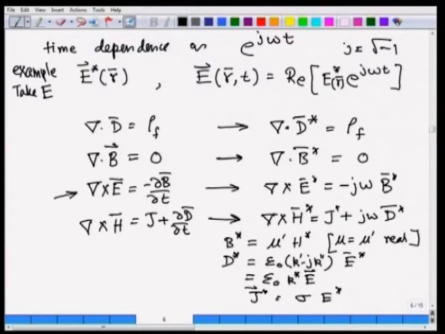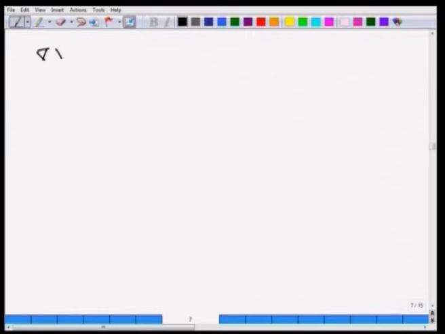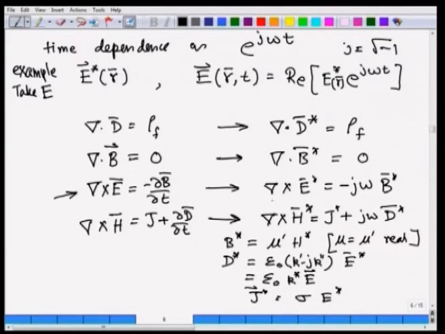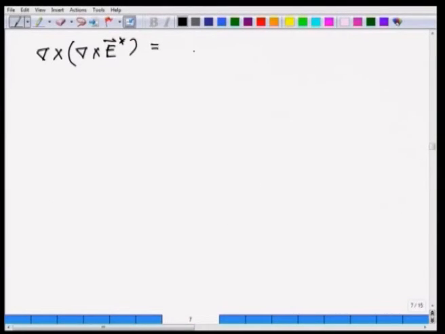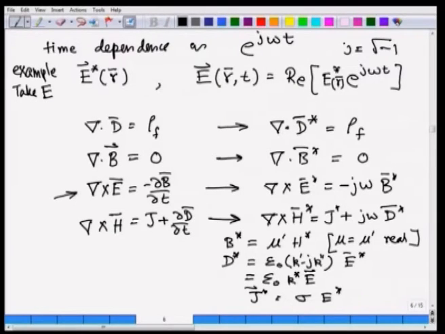Let us take this equation and let us take its curl. What happens then? Let us write down that, therefore, the curl of this equation. Since I am working in phasor notation, I am taking the curl of this particular equation. So curl of curl of E star is equal to minus j omega mu prime, and I am going to take the curl of H. What I have done is, first for B I have substituted this quantity mu prime H, and I am assuming mu is not space dependent, it is a homogeneous medium, so it is not spatially dependent.